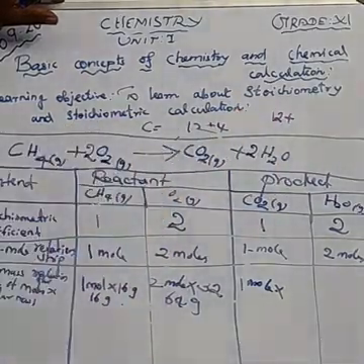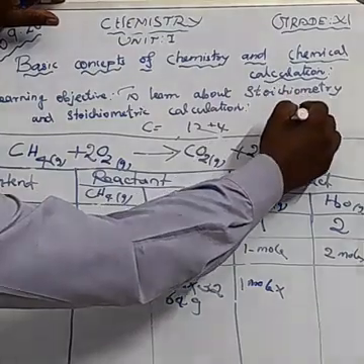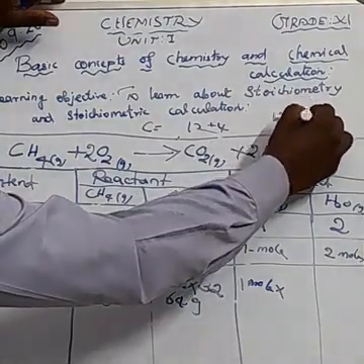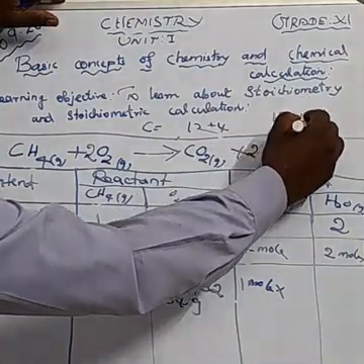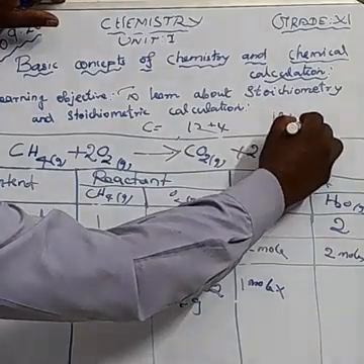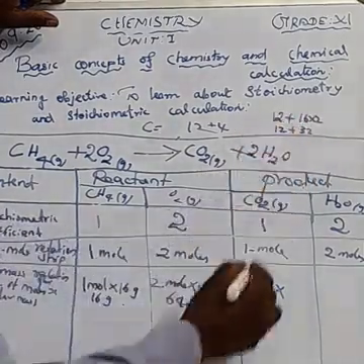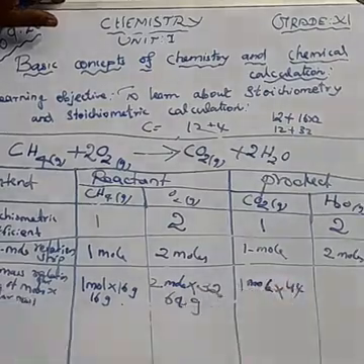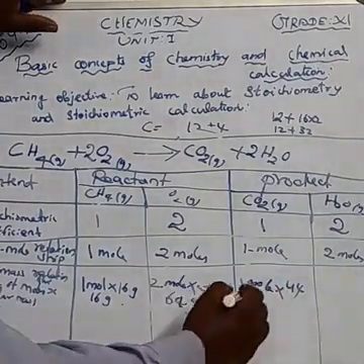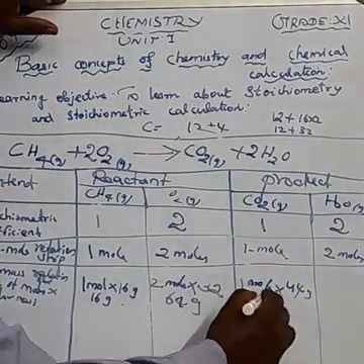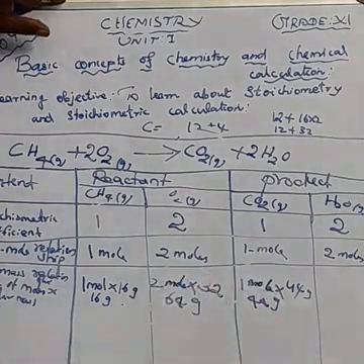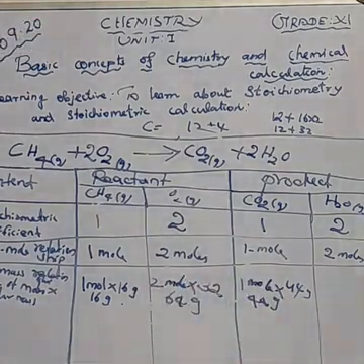Oxygen is 16 into 2, which is 32. That is 12 plus 32 is equal to 44. So we get 44 gram here.